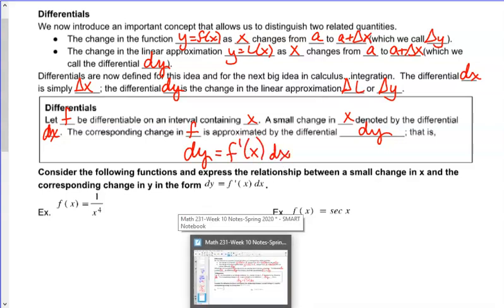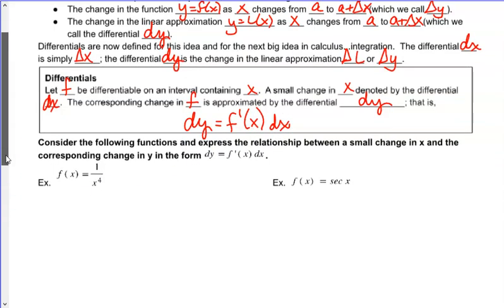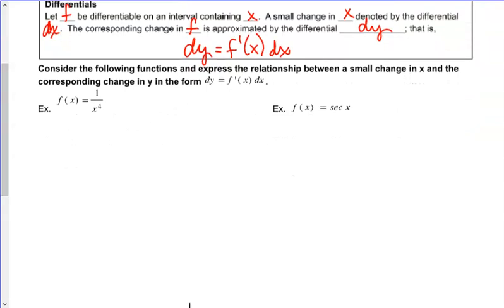That's very similar to what we had before: delta y is approximately f prime of a times delta x. We've changed the delta y to dy, changed the delta x to dx, and the derivative stays the same. We are going to leave these values in a variable sense, and then we'll talk about an actual value at the very last problem.